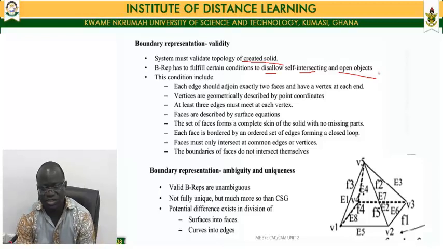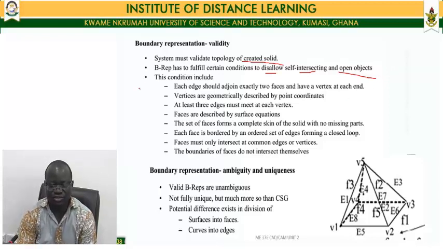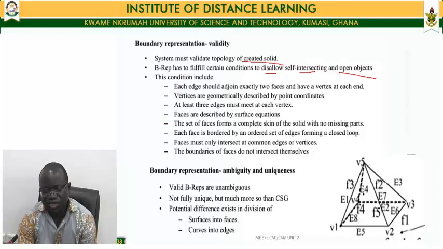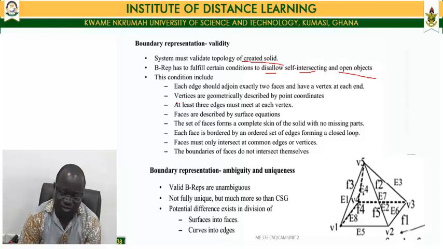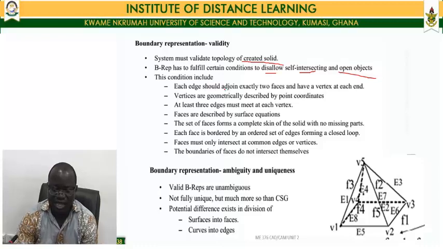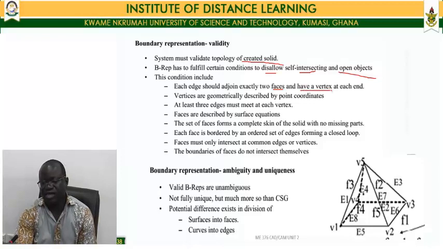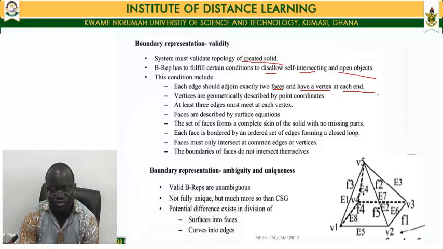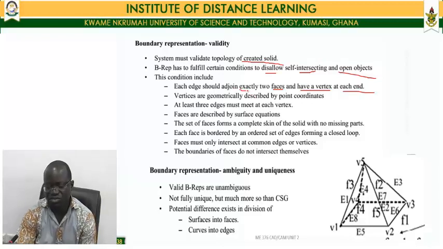That is one. Each edge should adjoin exactly two faces and have a vertex at each end. You can find these things on every solid. These vertices are geometrically described by point coordinates.